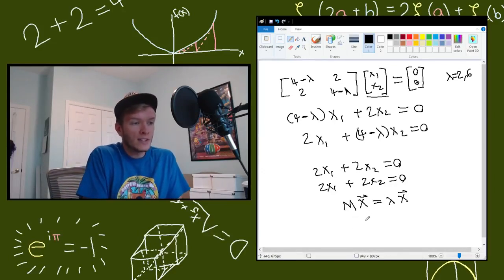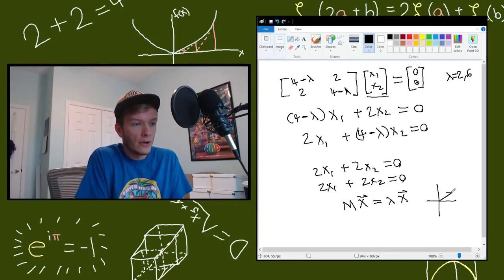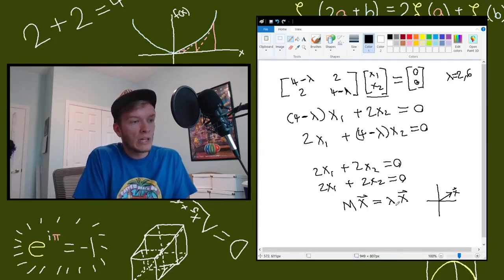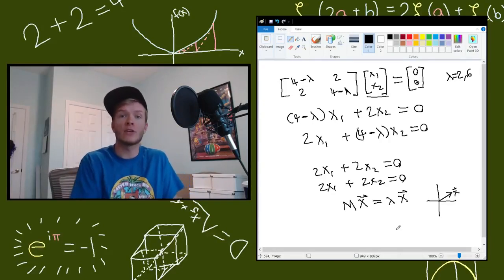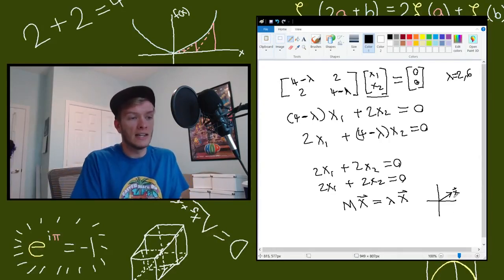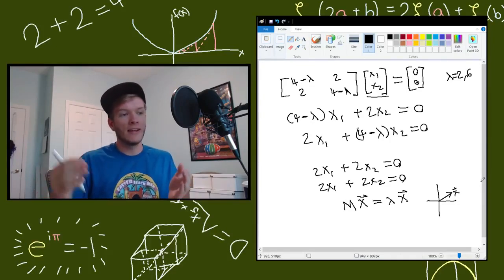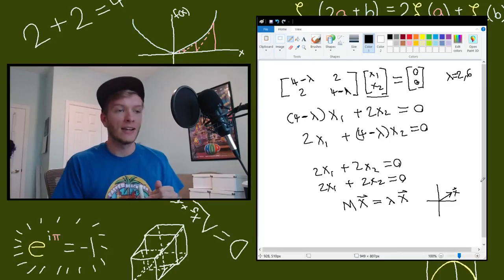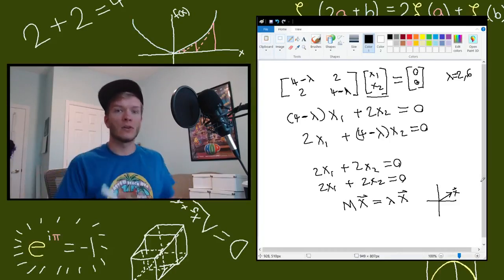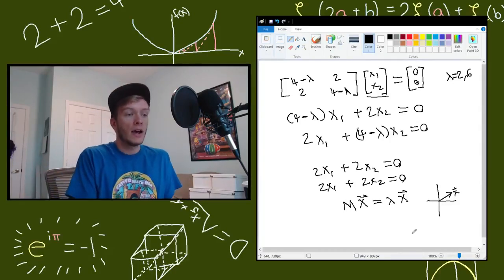But what this means is instead, so if we have a vector like so, and this is our x vector, when we multiply by a scalar, this vector does not rotate or anything. It simply grows or shrinks based off of the value of that scalar. So if that value is greater than 1, then it increases. If it's between 1 and 0, then it shrinks, and it's the same but it flips also if there's a negative involved.